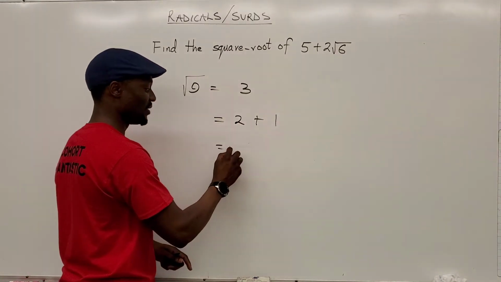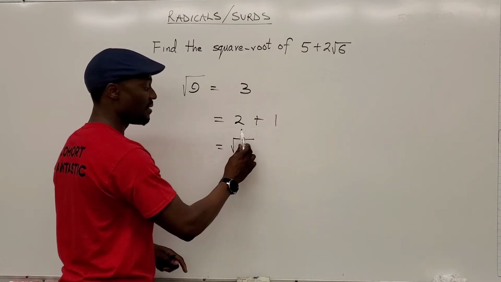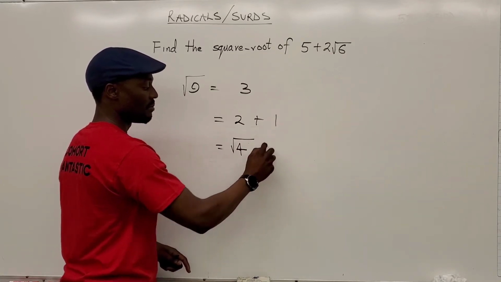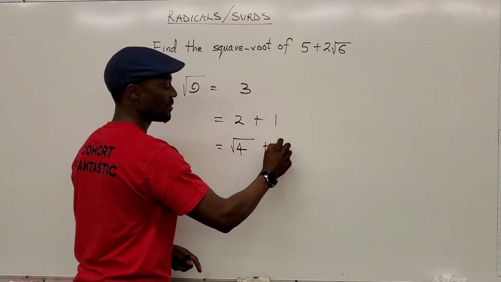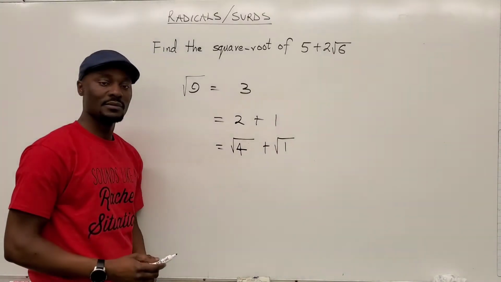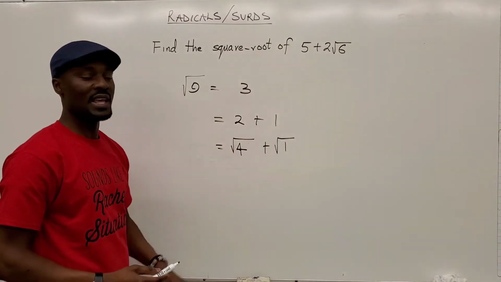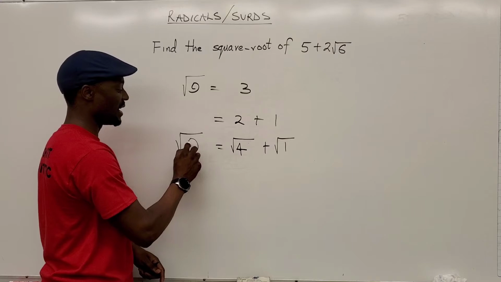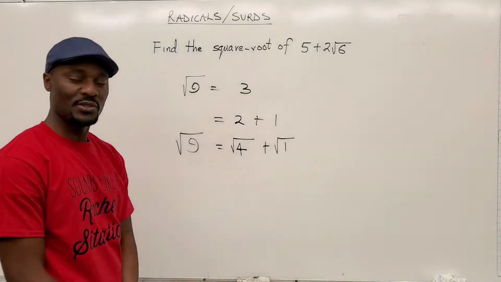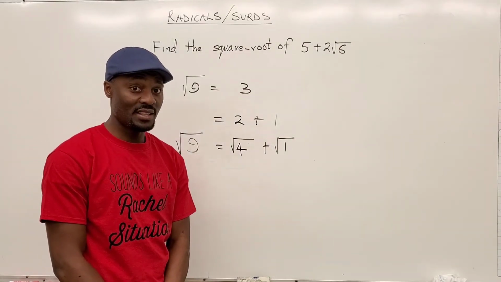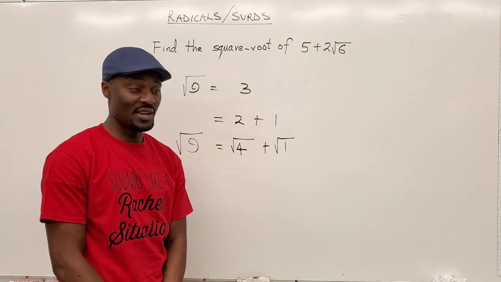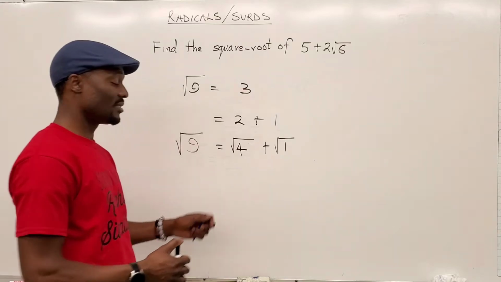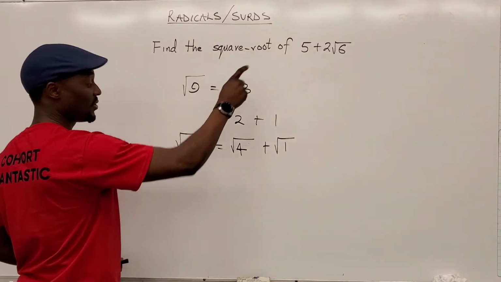I can transform this into the square root of 4 plus the square root of 1. So it's okay to write the square root of 9 equals the square root of 4 plus the square root of 1. I am just setting the pace and setting the foundation for what we're going to do. And with this, let's get to the question.